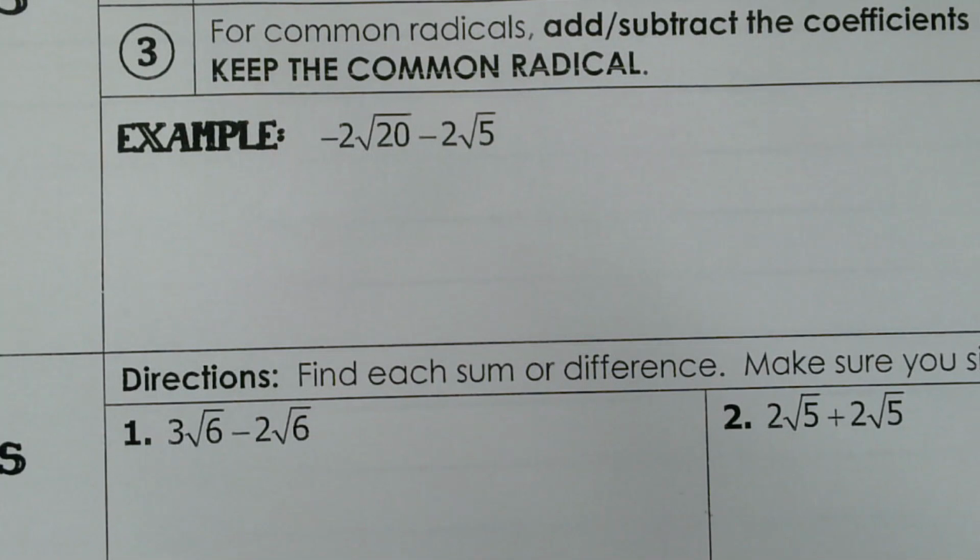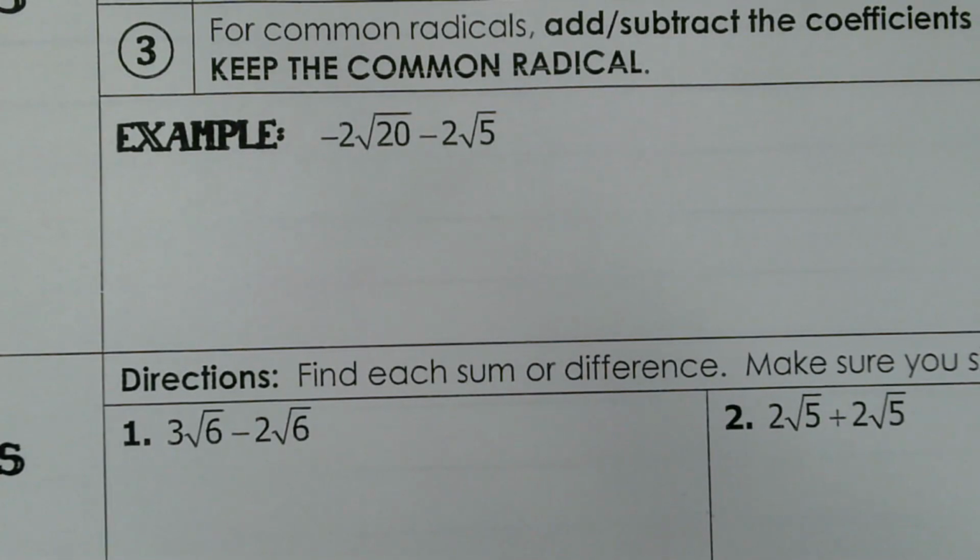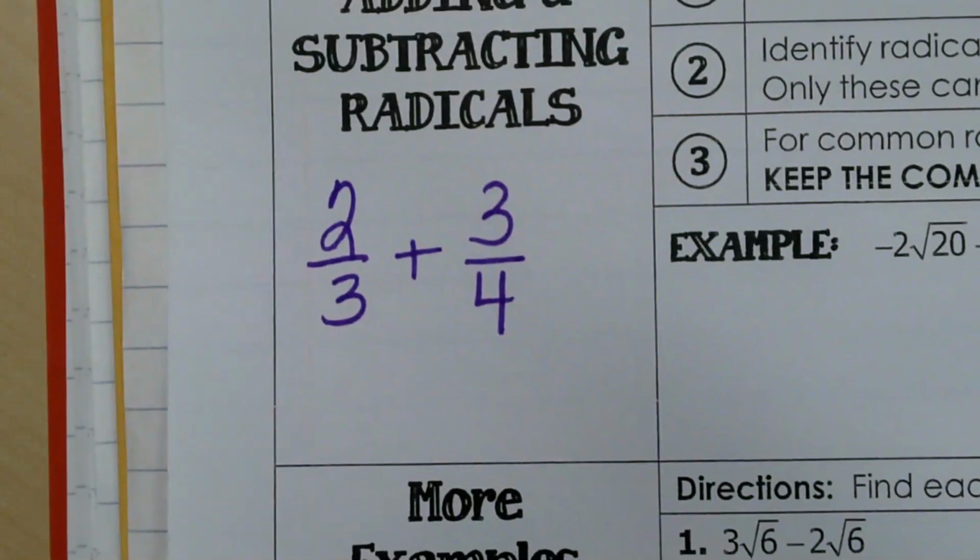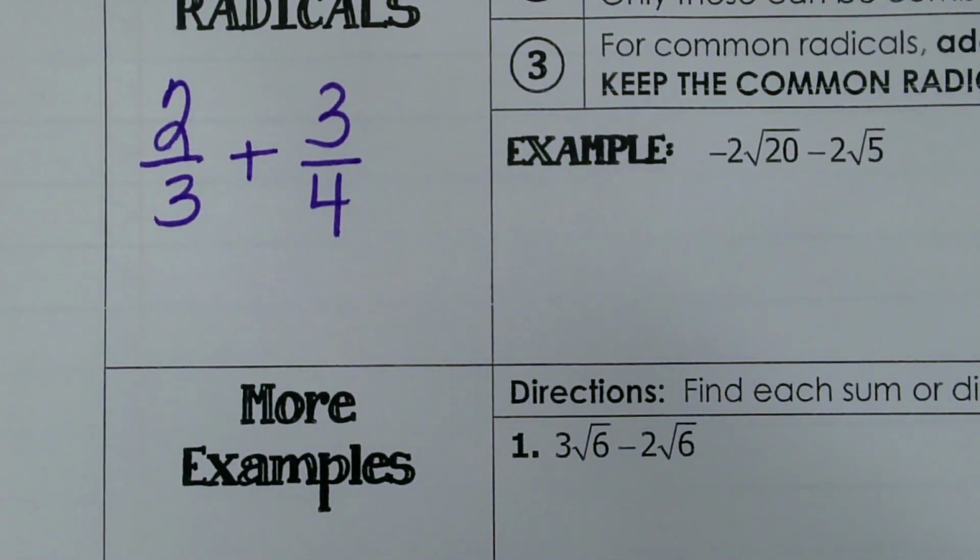So I'm going to go back to Desmos. And I've got to figure out, all right, I've got that number 20. How do I simplify that radical? What is the biggest perfect square that goes into the number 20?